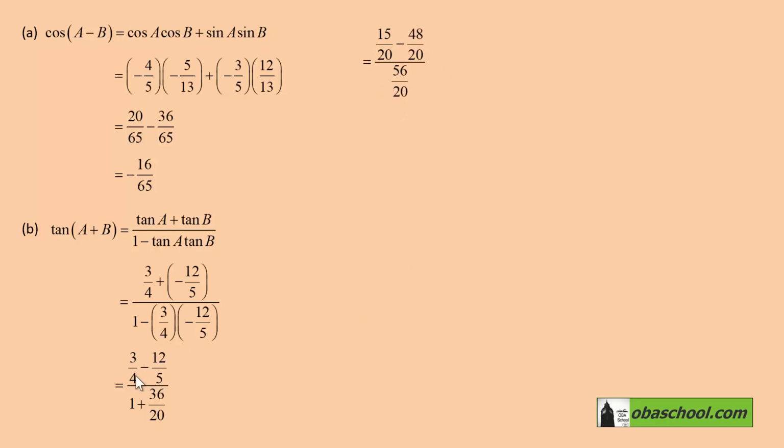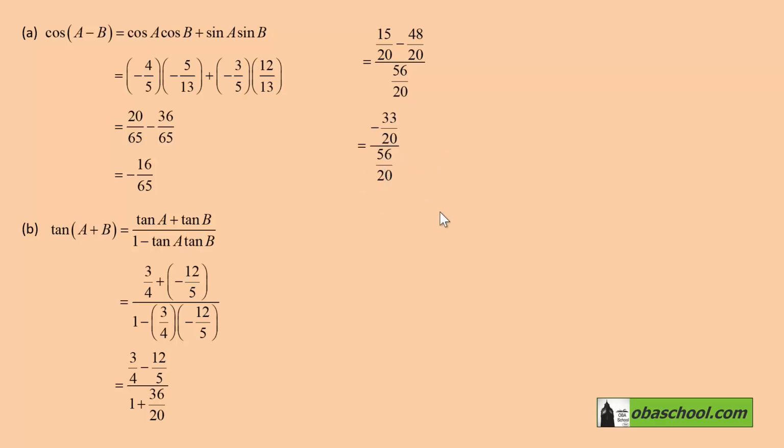Using a common denominator here of 20, we've got 15/20, take away 48/20. And of course, 1 is 20/20, so the bottom is 56/20. That gives me negative 33/20 over 56/20.